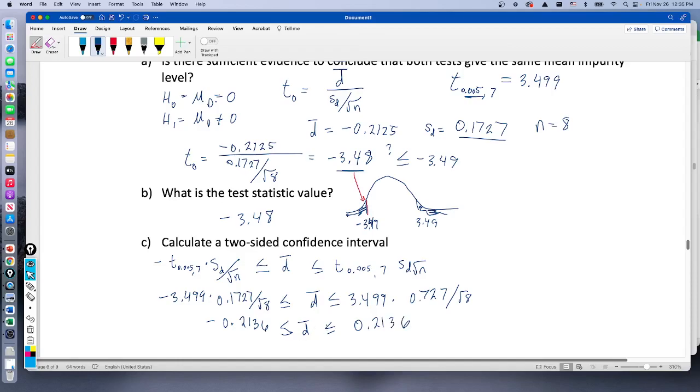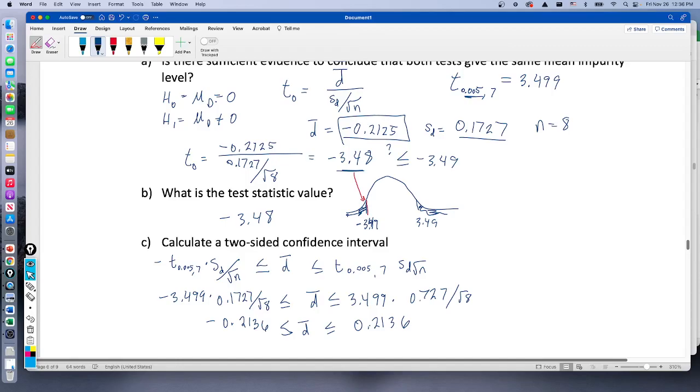So that's our confidence interval, and notice the D bar value for this particular sample is down here. It's close to this border. If you were to round it, it would be 0.21, but it's 0.2125. So it's off very little, but it's not in the rejection region. It's still in this confidence interval that's an acceptable mean. On the other side, it would be up here.